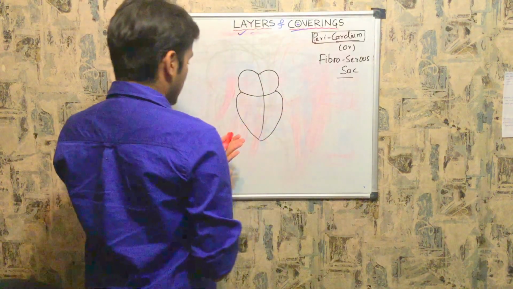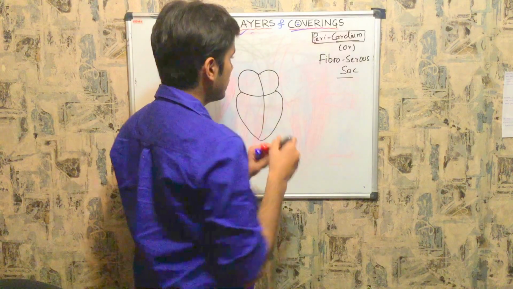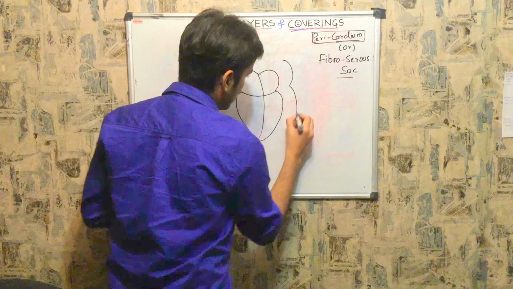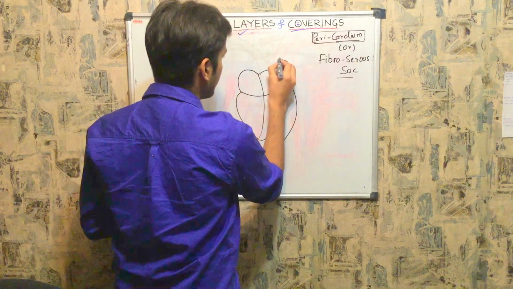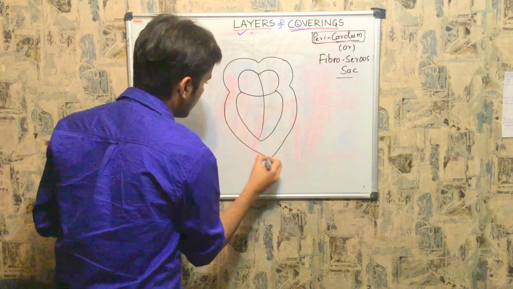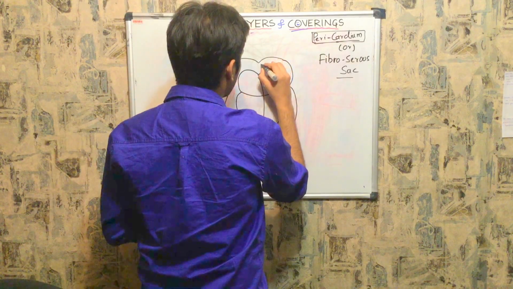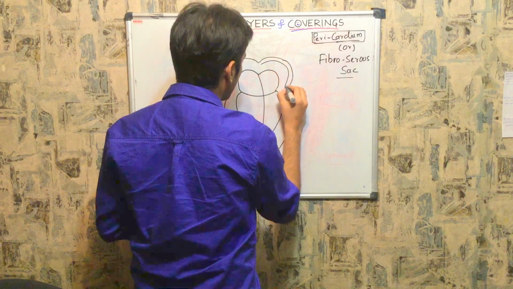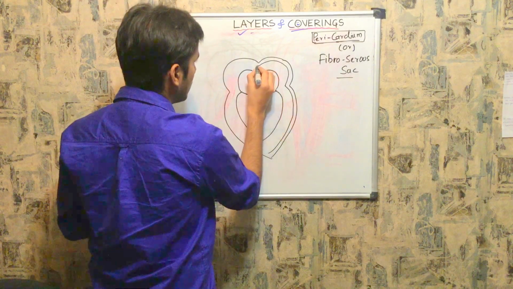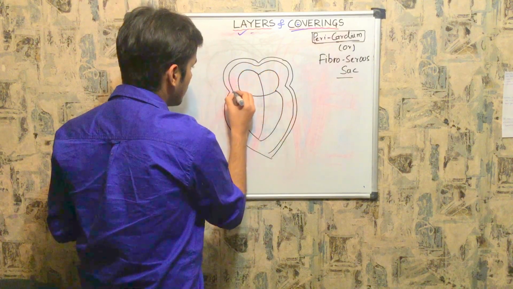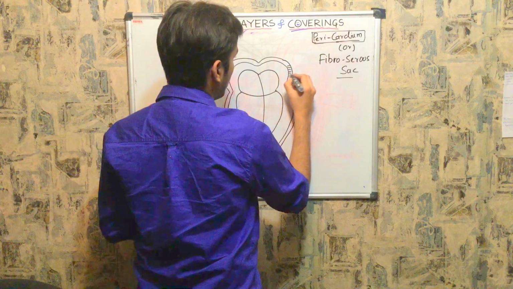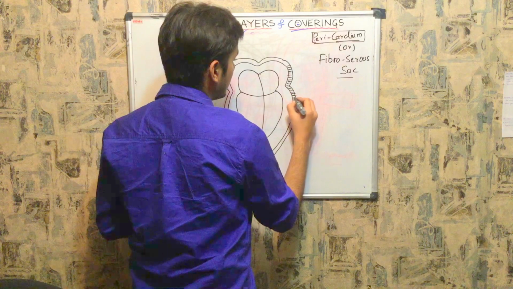Now, as I told you, the outermost layer is fibrous. So this is your outermost covering of the heart.